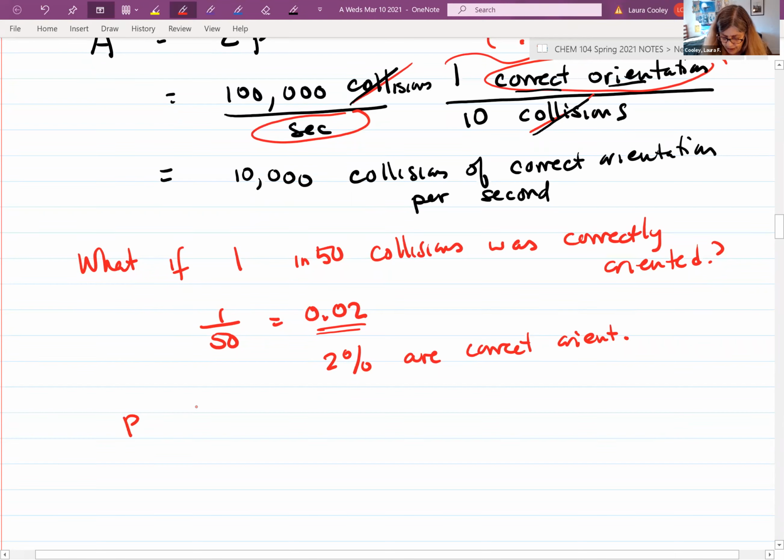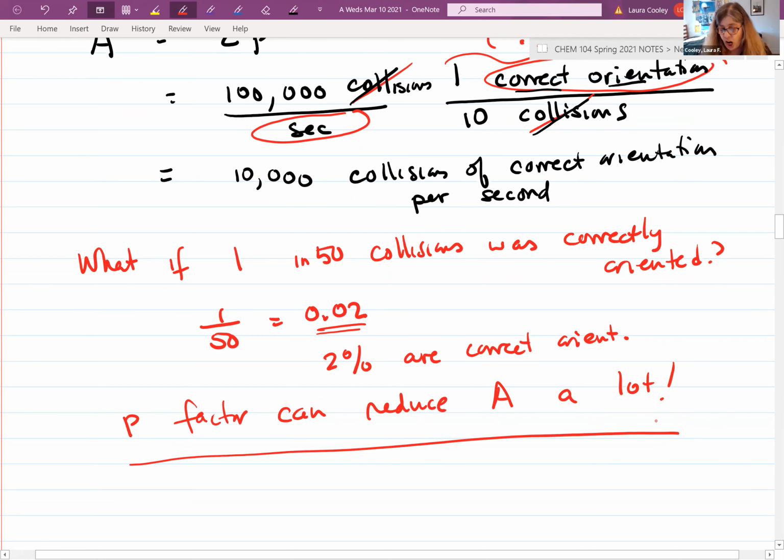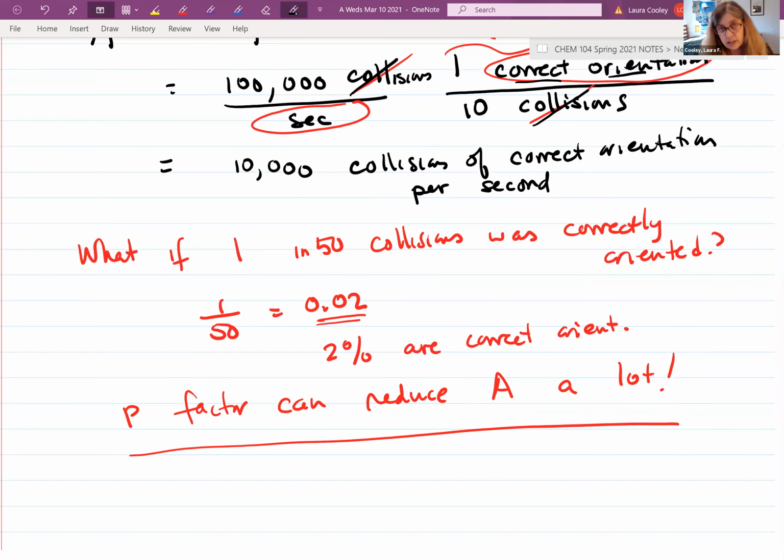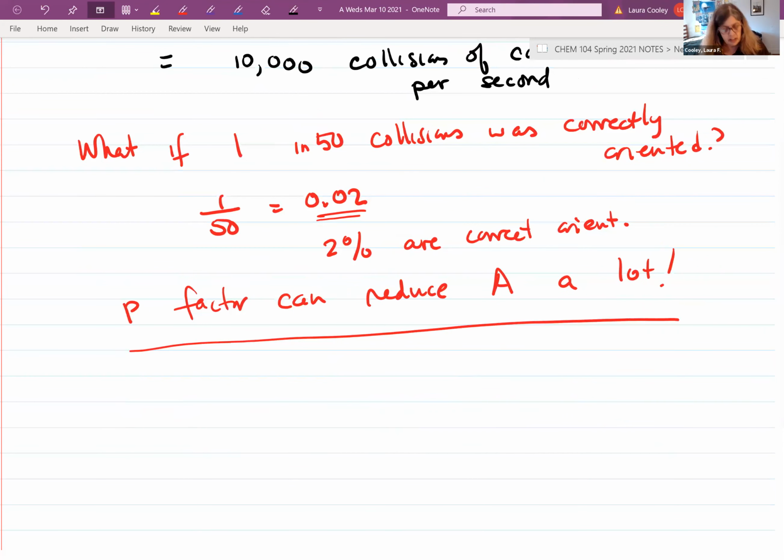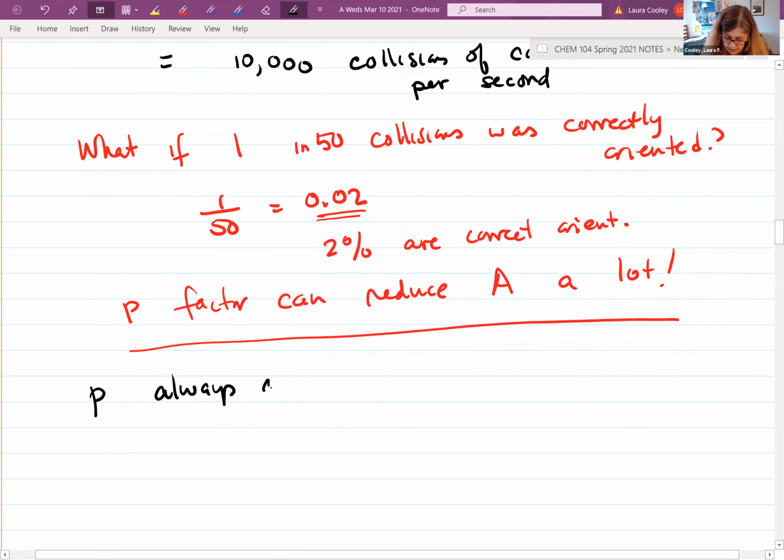And so this P factor can reduce A a lot. You might have a giant collision frequency, but if you have a specific orientation that's required, it would bring that number down by quite a lot. So this P is always a fraction.